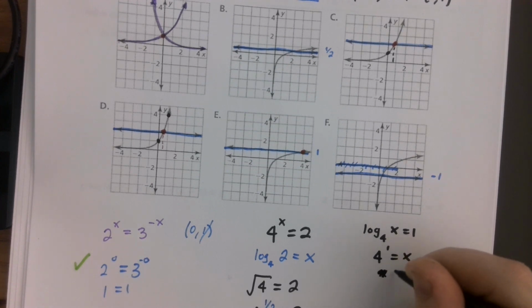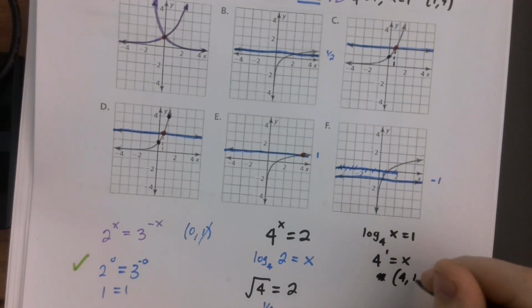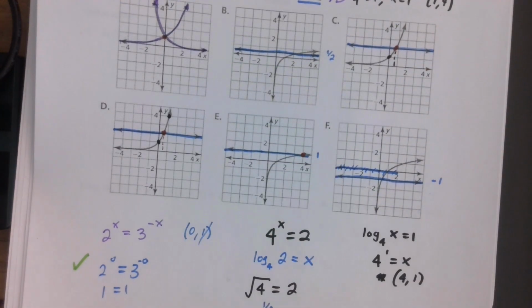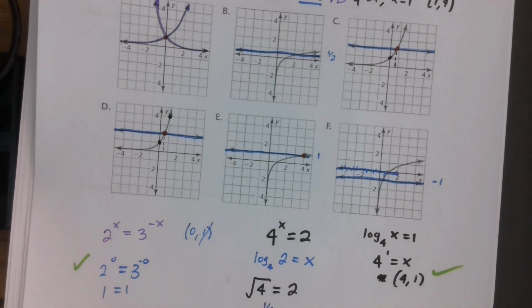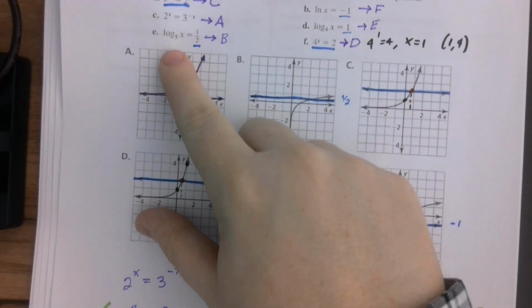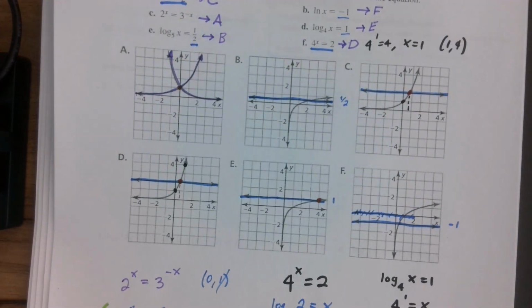So we would end up getting 4, 1, because the line is at 1, remember? That one was an easy one. It's going to get a little bit tricky from here. Let's take a look and see if we can actually solve E. Log base 5 of x equals 1/2.